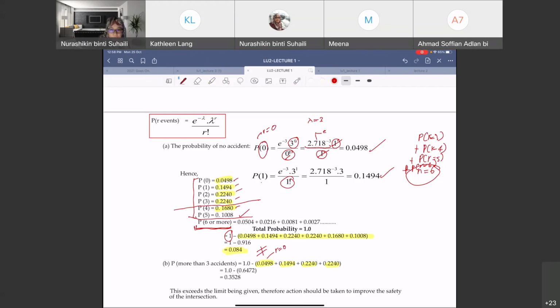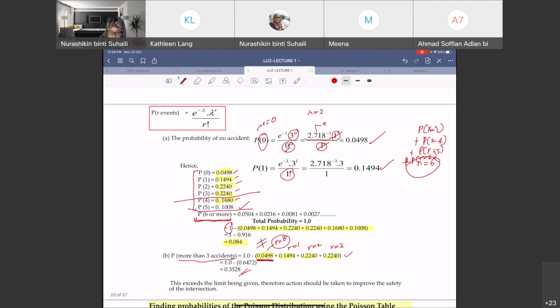A common mistake by students is that they only consider r equal to 1, 2, 3, but forget about r equal to 0. The probability that there is no accident, r equal to 0, is also a probability, so you have to consider that as well. So that's why it is included in this calculation. Okay, more than 3 accidents, so this is the value.